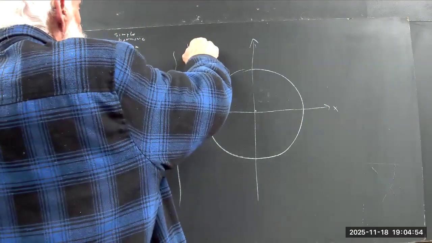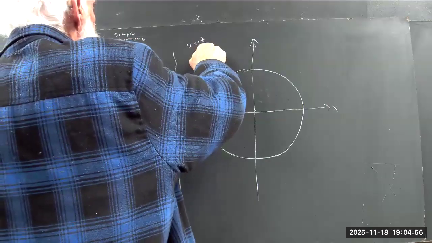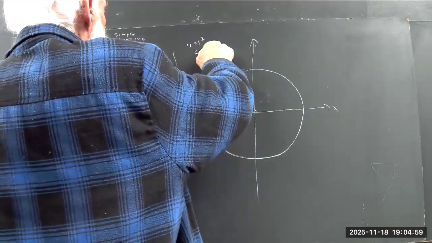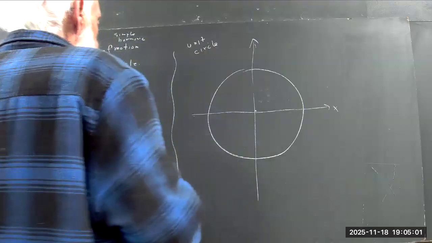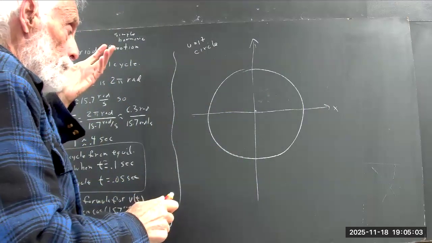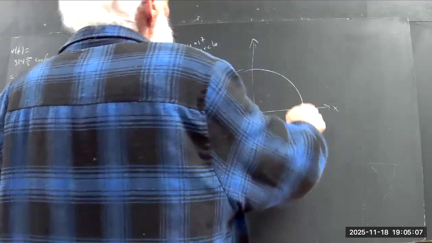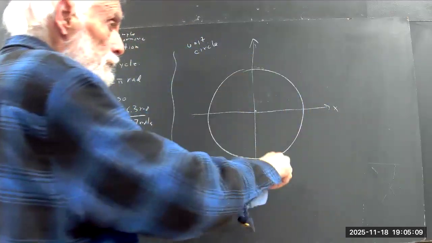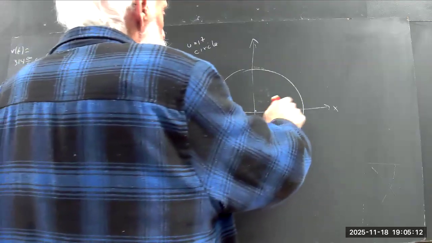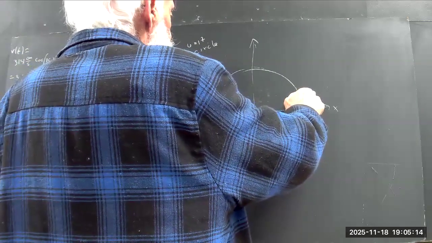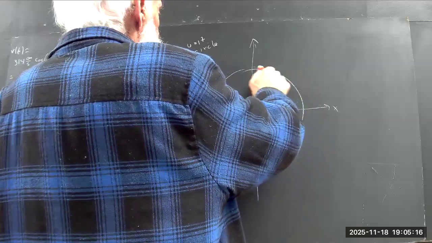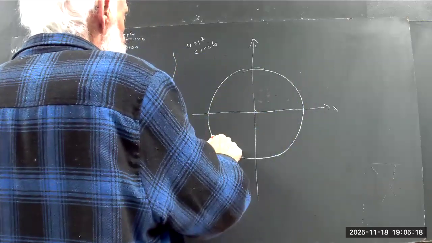Let's for the moment call this a unit circle. Then the radius is 1. Then if we have a point moving around this circle, the point's going to be here, here, here, here. So let's say this is a typical point.